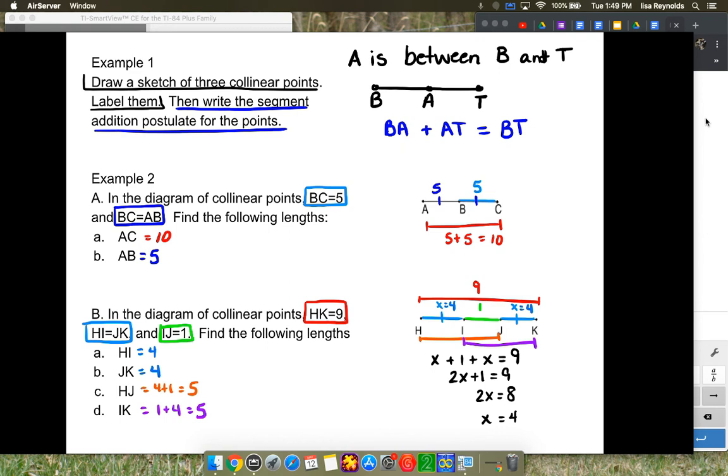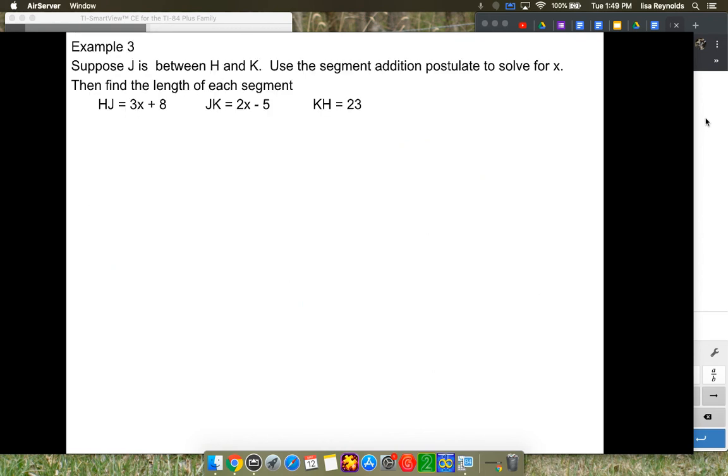Our next problem is going to require our algebra skills. So they start out by telling us that point J is between H and K. So if we draw this out, we have our point J between the H and K. So we are now going to use the segment addition postulate.